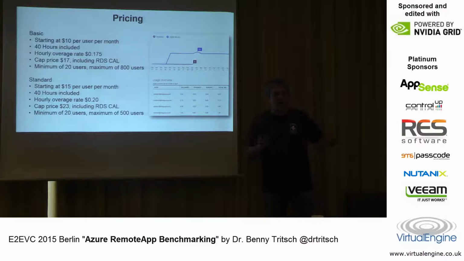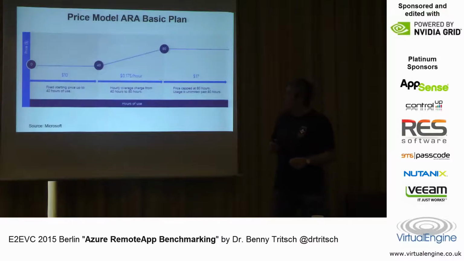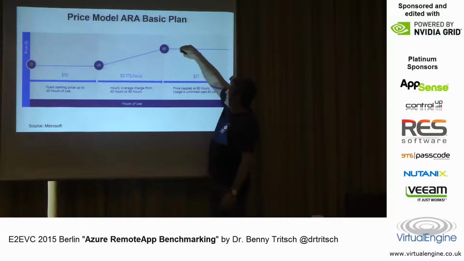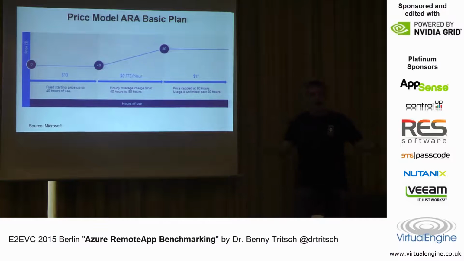They don't want organizations with 10,000 users just starting to use the service without them knowing. So you see, the price can go up to $17 and it stays there, which is very convenient. So it's 17 by 20, which is the maximum price that you pay if you have the standard plan in place for your 20 users.